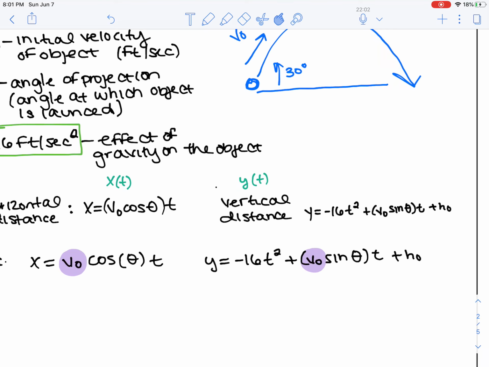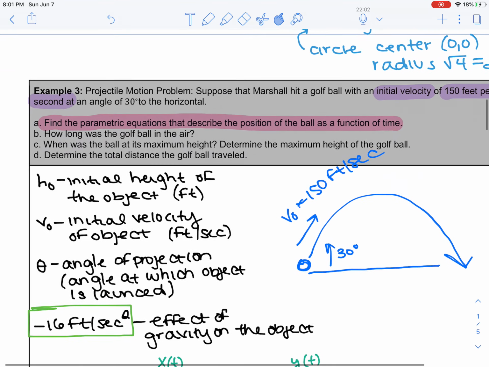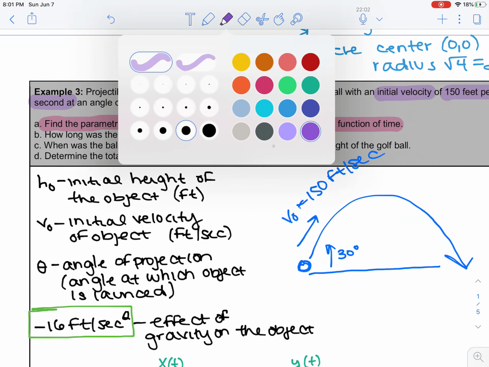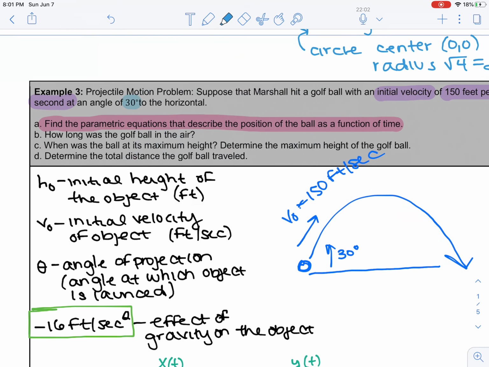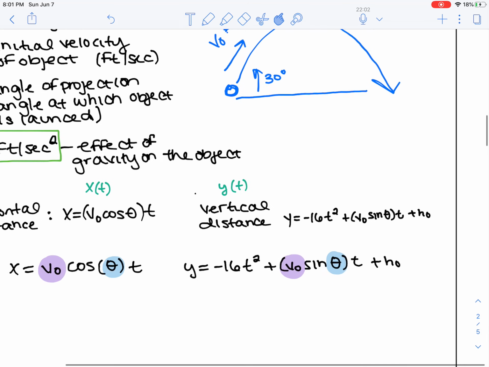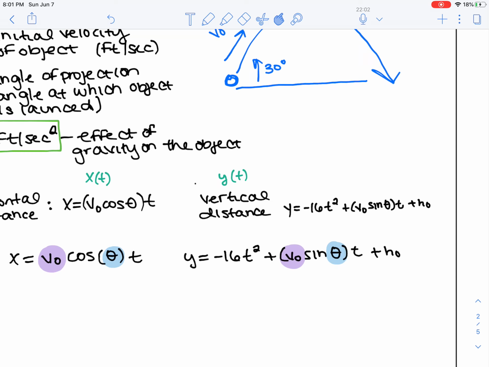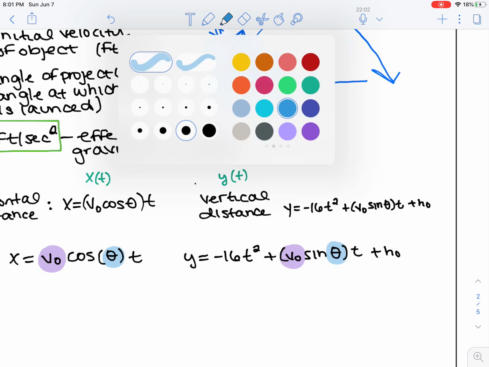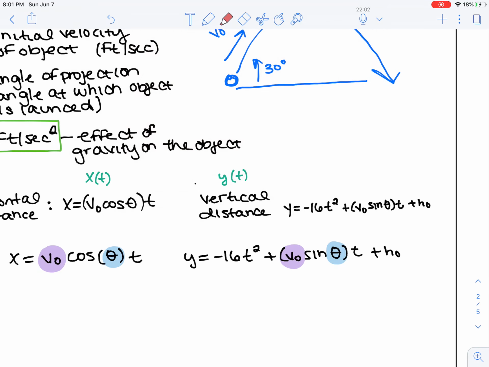We are also told that Marshall hit this golf ball with an angle of 30 degrees to the horizontal. So that will replace our theta in both equations. So we'll take this cosine of 30 and sine of 30. The last thing that we need to consider that could possibly be a value, not a variable, would be this initial height.